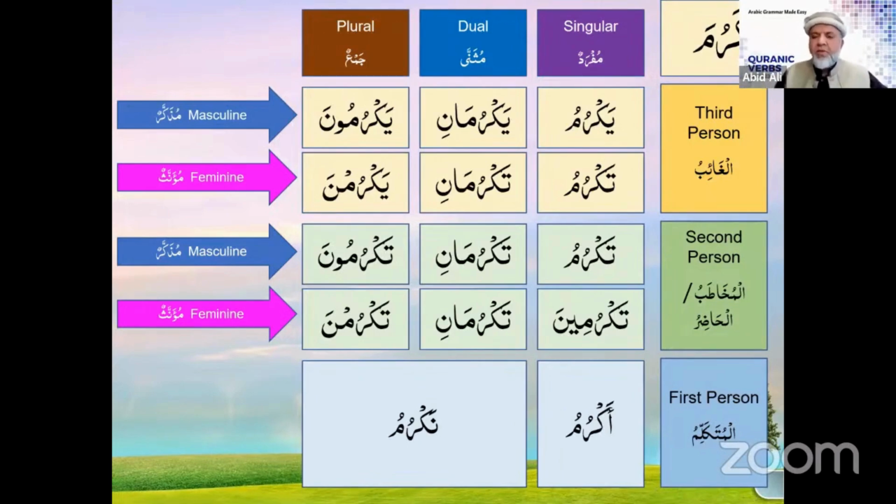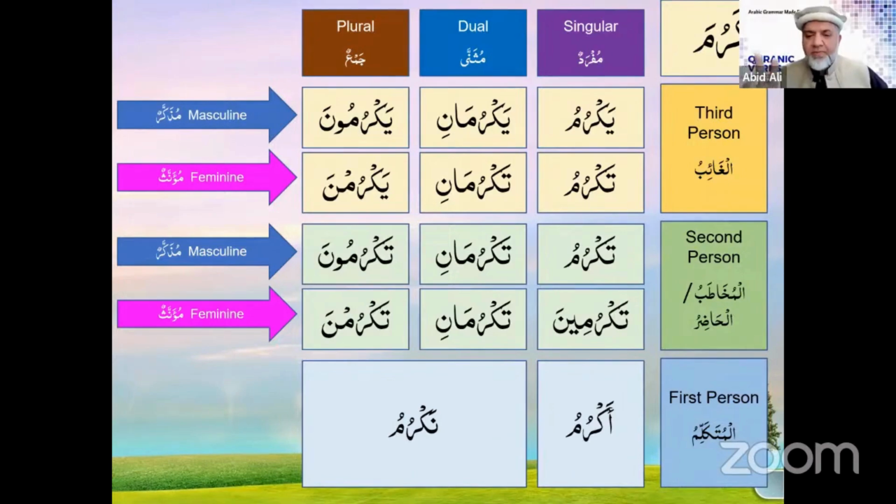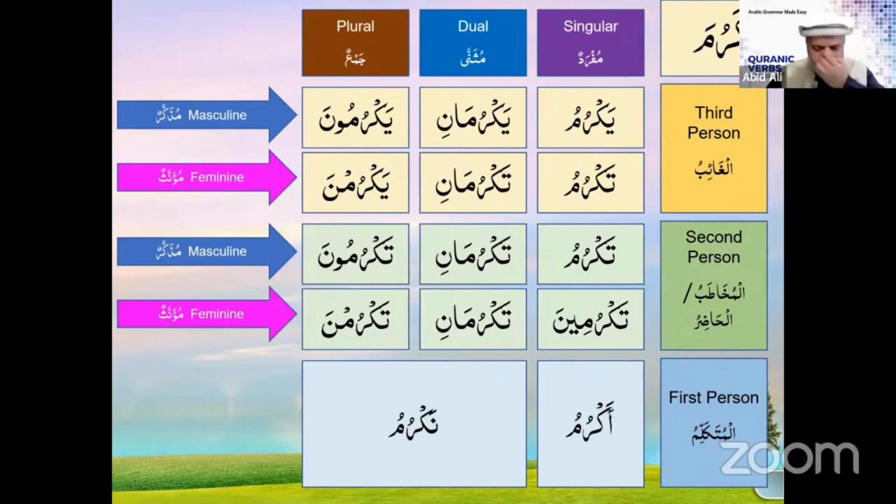Yes, sister Unaiza? Brother Abid, I just want to ask for clarification. As you said, ya is for the 3rd person, ta for 2nd person, and alif for the 1st person singular and noon plural for 1st person.